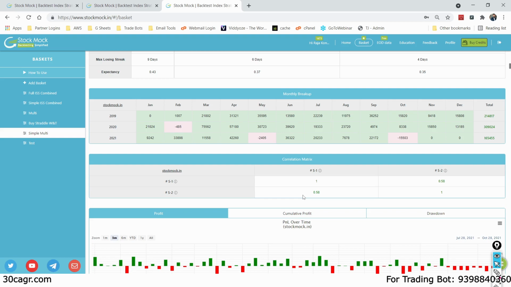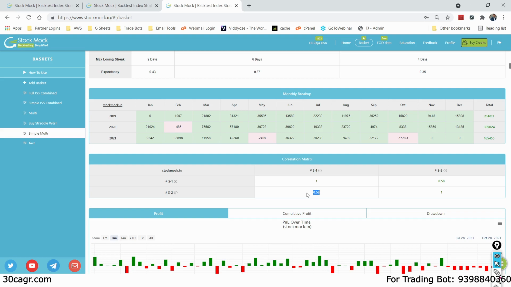So when you are backtesting your strategies, always make use of this correlation matrix. The generally recommended value of correlation matrix is 0.2 or less. It can also be 0.3 or less, but the lower the value, the better the strategy diversification. So I always prefer strategies which are less than 0.2 or 0.3.